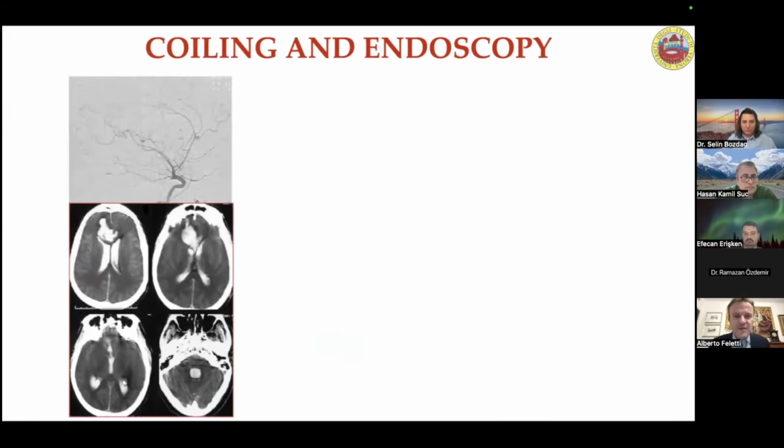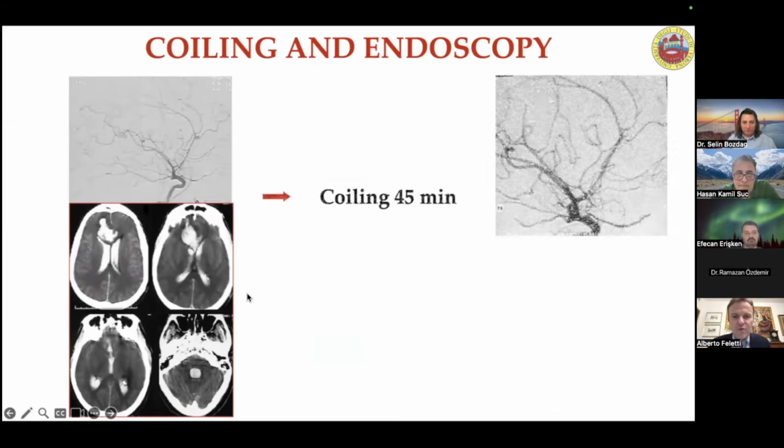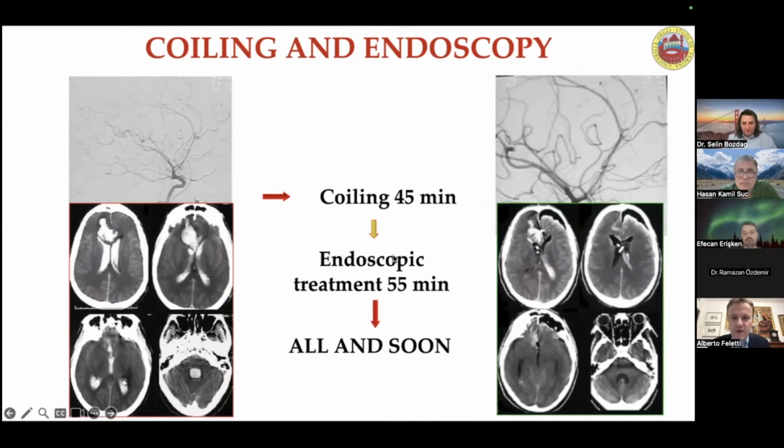Like in this case of pericallosal artery aneurysm, as you can see here with IVH, we coiled the aneurysm, and then immediately after securing the aneurysm, we did endoscopy, and in less than 1 hour, we were able to remove all the blood clots, even from the fourth ventricle, immediately.